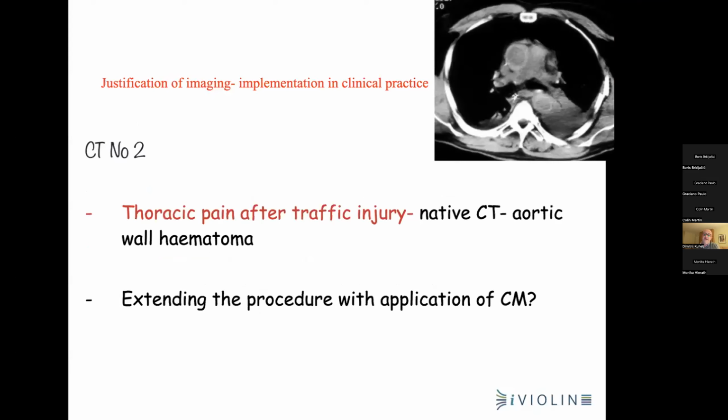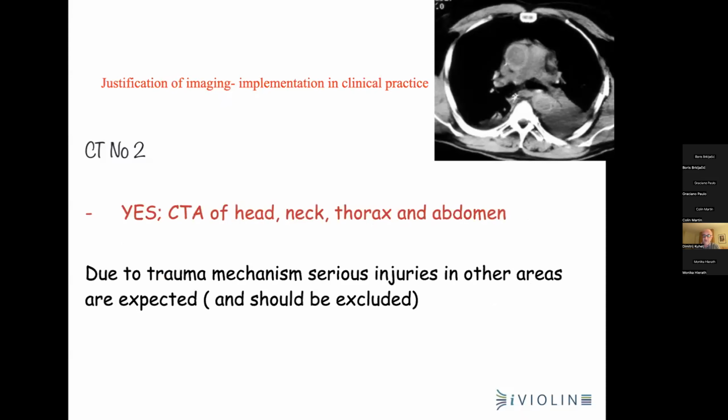This is another patient with thoracic pain after a traffic injury, and native CT was done, and aortic hematoma is seen with also some fluid in the pleural space. Should we extend the procedure with application of contrast media and increase the dose? Of course we should.